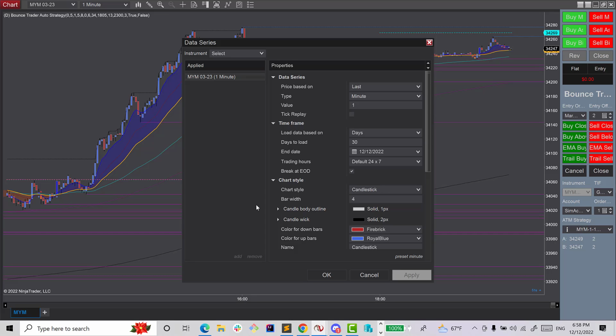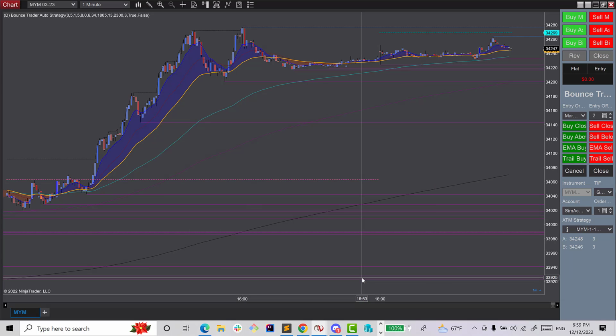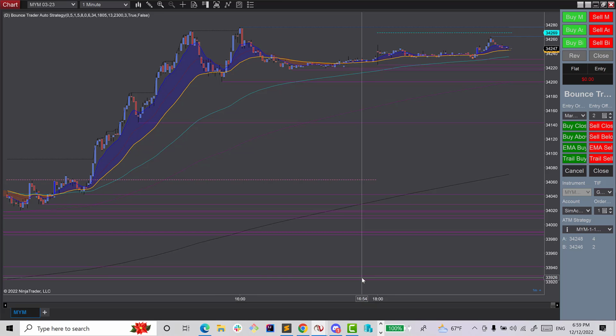Maybe the strategy is just going to be so quick for you that you are actually not going to be able to trade it. And that's what you will know once you start live trading on sim or with your real money or funded account or evaluation account.